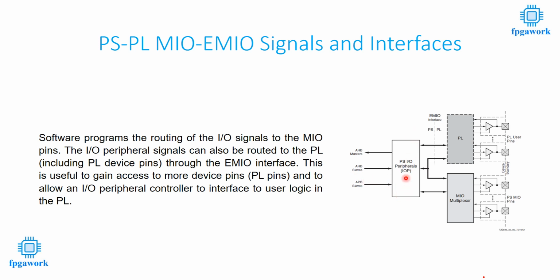Since I/O peripherals are of different types, some need high data rate, like Ethernet, which will be communicated with the processor via the AHB bus protocol. Others need low data rate, like UART, which will be communicated with the processor via the APB bus protocol. On the right side, these I/O peripherals can be routed to PL via EMIO or can be routed directly to the external world via MIO.